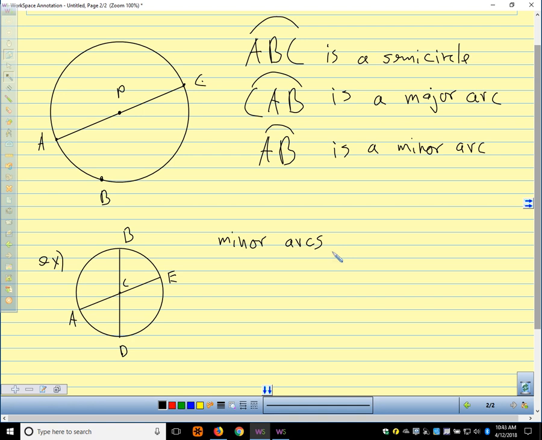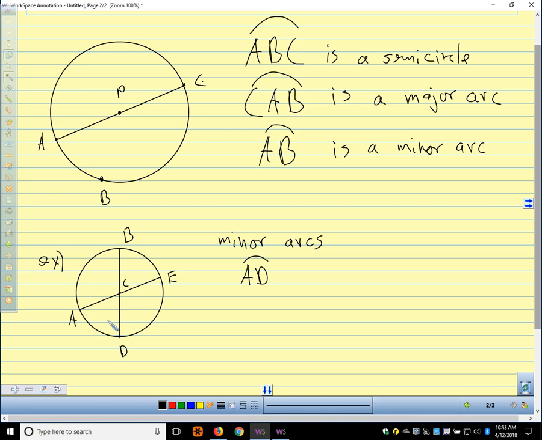So who can tell me the name of a minor arc? Yeah? AD would be a minor arc. So that goes from here to here, smaller than a semicircle. What's another minor arc?